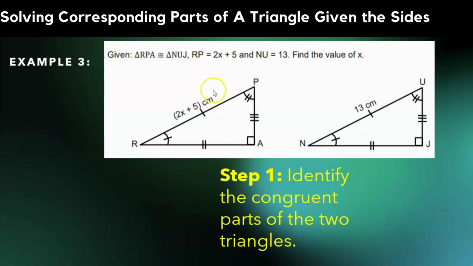Since ang given po natin ay RP and NU, i-check na lang po natin sila, they are congruent. RP congruent kay NU. Meron po silang same number of marking. Si RP, isa lang ang marking. Si NU, isa lang ang marking. So, ang RP mo ay congruent kay NU.